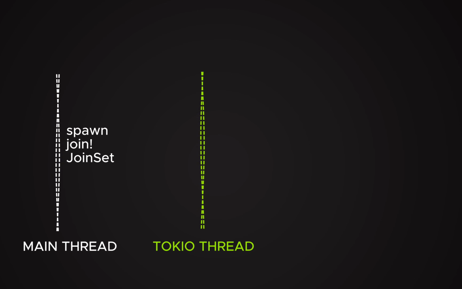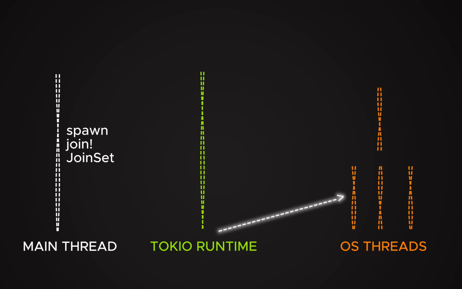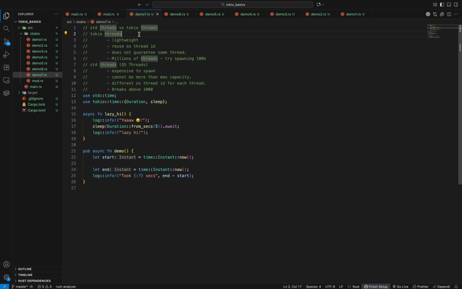And the way this generally works is you have a fixed set of threads at the operating system level, and the Tokio runtime will decide which OS thread needs to be allocated to the green thread at runtime. Okay, and because these green threads tend to be lightweight, you can create thousands, if not millions, of these lightweight threads as per the standard documentation. Now let's see what happens when you do the same thing using the standard thread.